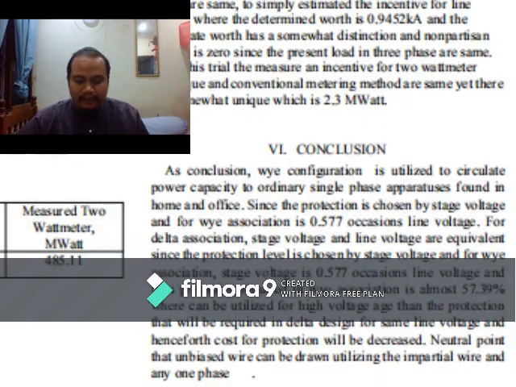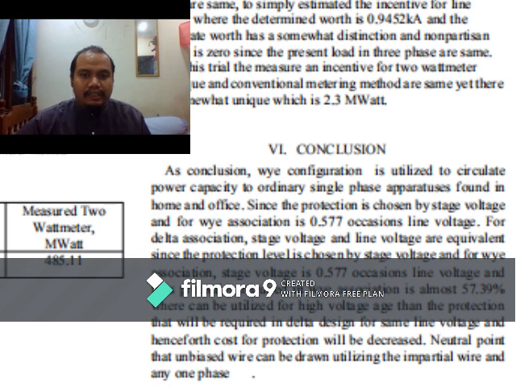At last, I'll conclude why the Y configuration is utilized to circulate power capacity to ordinary single phases found in electrical technology. Since the protection is chosen by phase voltage, and in the Y connection it is about 0.577, the delta connection is also equivalent to the protection level at the same line voltage.